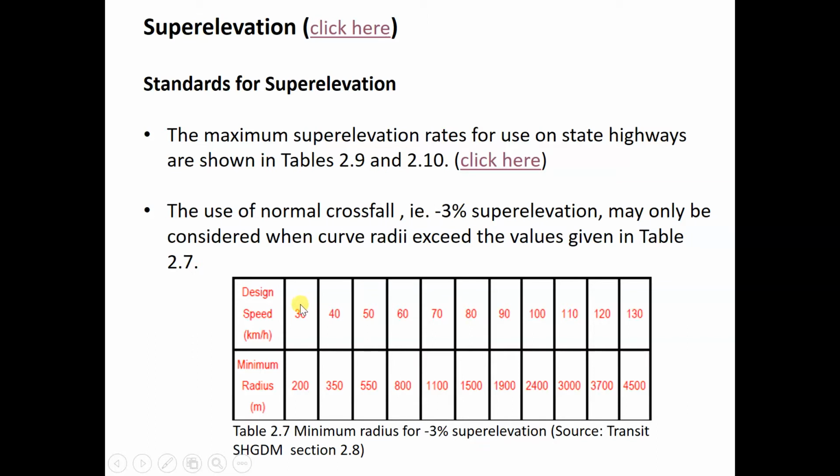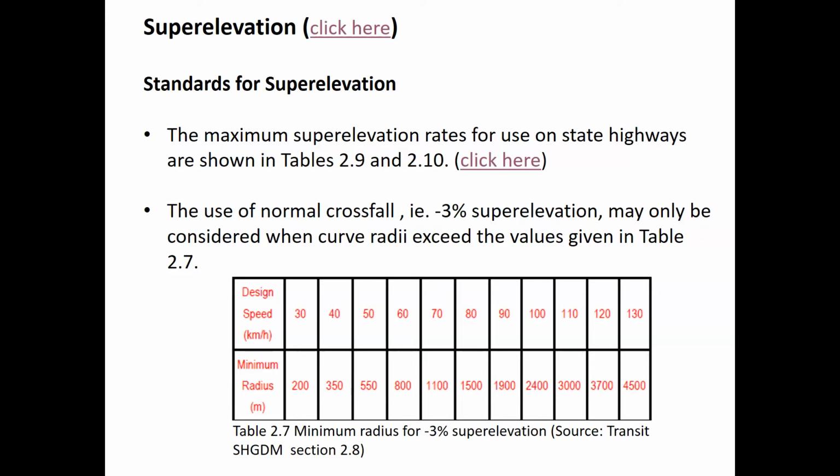For example, if the design speed is 30 and your radius is 200, then you don't have to provide super elevation. You can maintain the normal camber. If it's 40 and your radius is 350, then you could maintain the camber. If your design speed is 100 but your radius is 2400 meters, then you probably don't need to provide any super elevations.